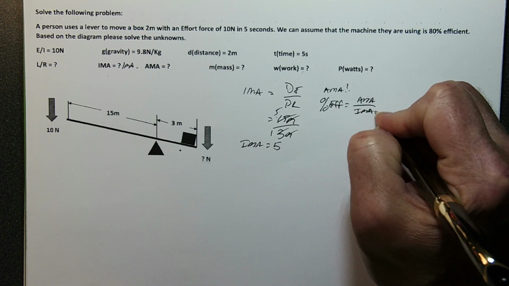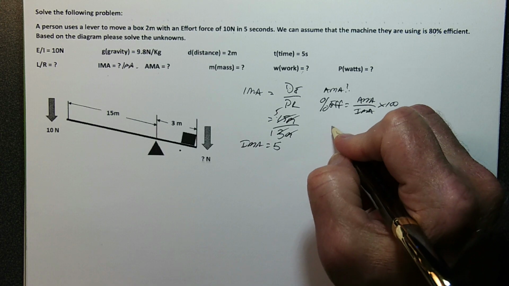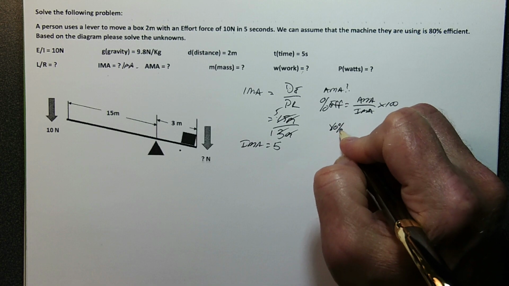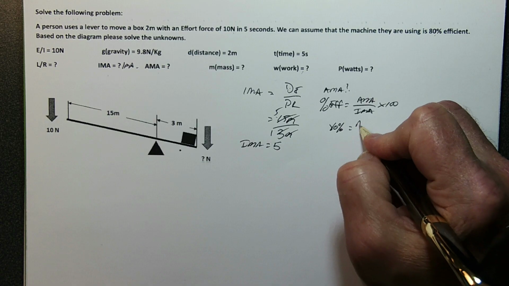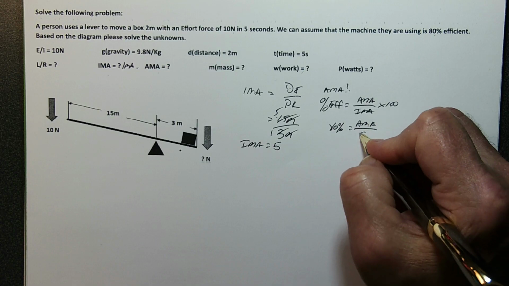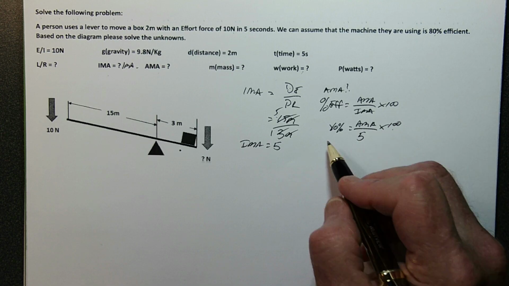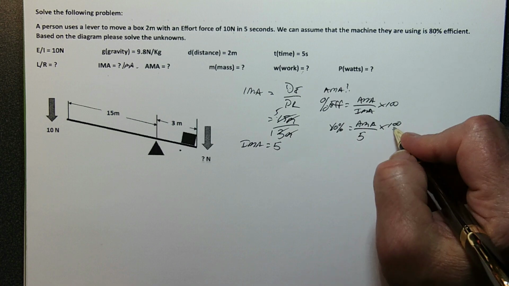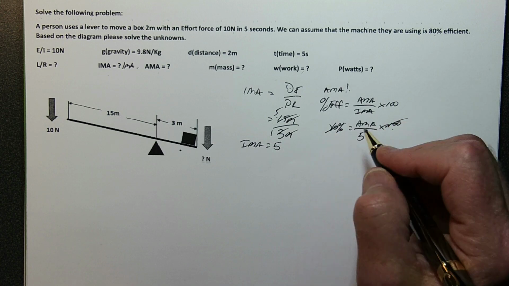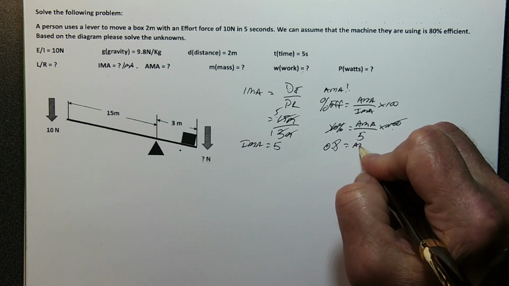That means that we have 80% is equal to AMA over 5 times 100. I want to get rid of the 100 and the percent, so I do the opposite, and I wind up with 0.8 is equal to AMA over 5. You simply convert the percent back to a number.